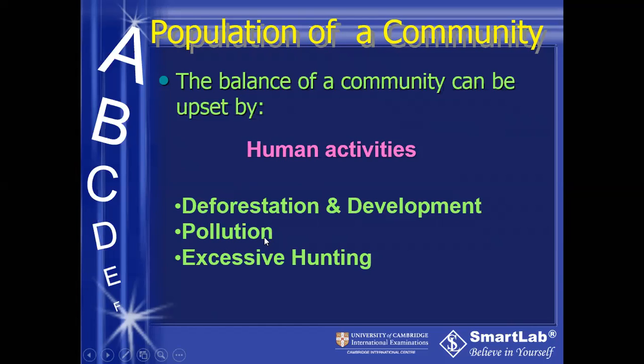Then pollution of the land and water can also lead to a decline in the population of several organisms, like the fish. Excessive hunting, like in the case of hunting for the tusks of the elephants and the horn of the rhinoceros, can cause their population to decrease as well.